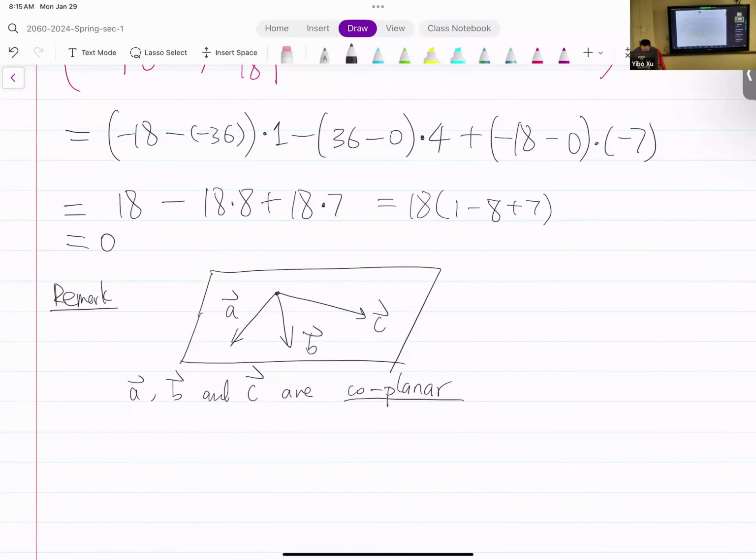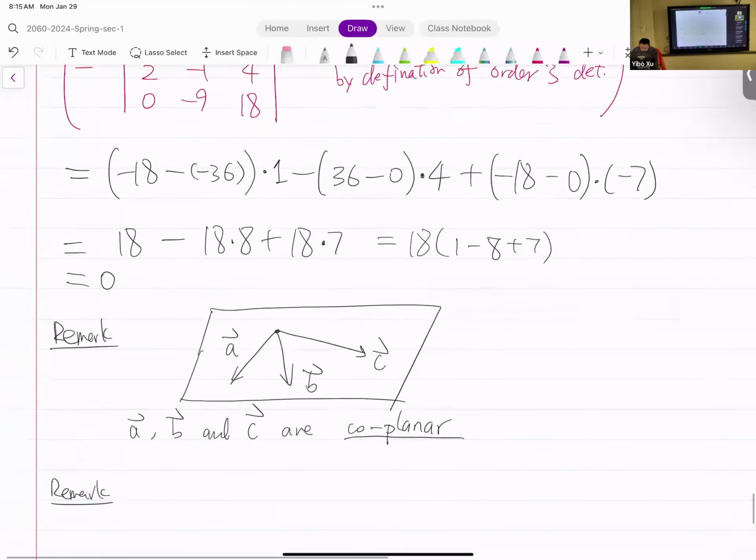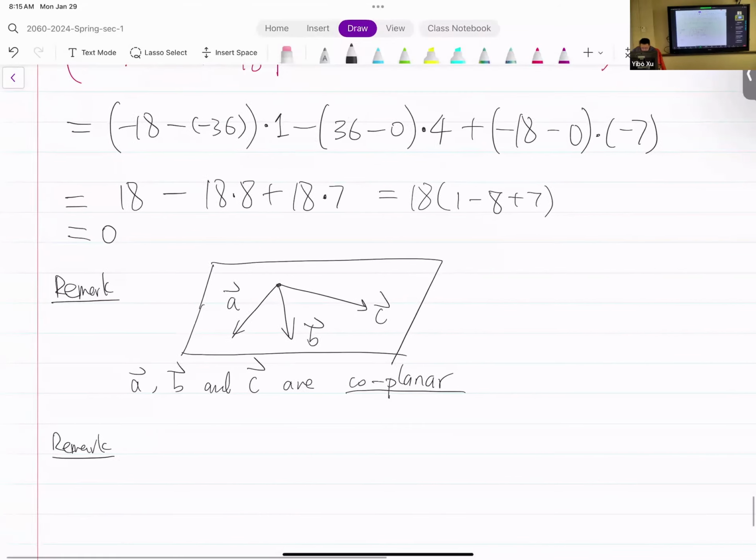Okay, so now another remark. From the red equation that we established within one of the steps, we can write it down formally.